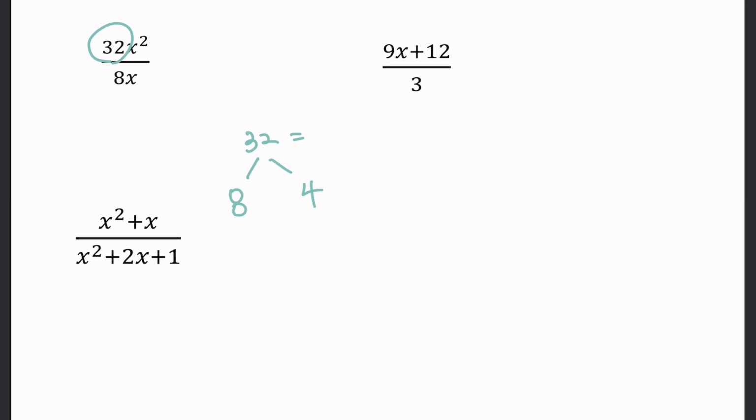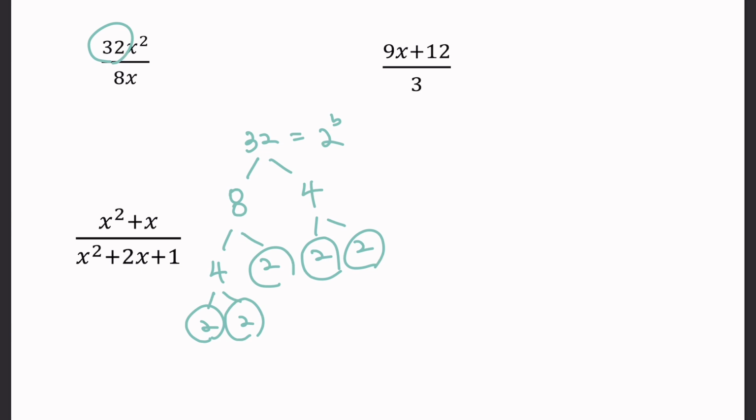So 8 times 4 is 32. 4 is 2 times 2, 8 is 4 times 2, 4 is 2 times 2. So 32 is equal to 2 multiplied 5 times. And 8, most of you already know this, is 2 multiplied 3 times.